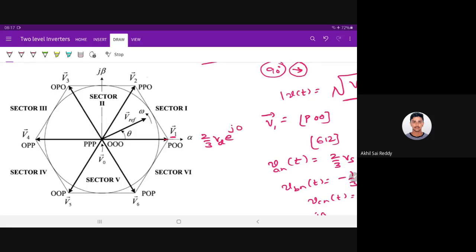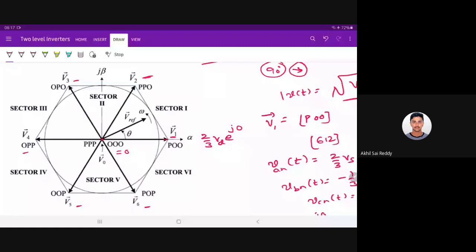This is the V2 vector, e to the power of j pi by 3, and this is 2 pi by 3, this is 3 pi by 3, this is 4 pi by 3, and this is 5 pi by 3. We also have two more vectors, that is PPP and 000. They produce an output voltage of 0, so we keep them at the center.